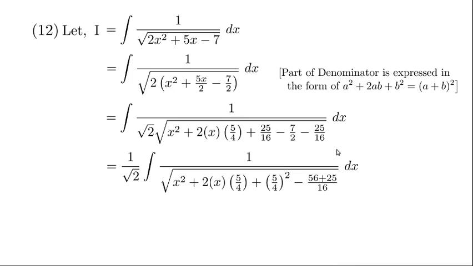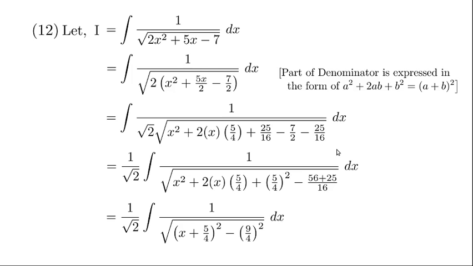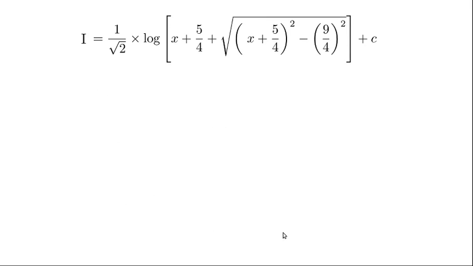And that finally gives you 1 upon root 2 integration of 1 upon, this part is (x plus 5 by 4) the whole square minus 81 upon 4, which is nothing but (9 by 4) the whole square, in the form of 1 upon root of x square minus a square dx. So that's equal to 1 by root 2 as it is log of x plus 5 by 4 plus root of (x plus 5 by 4) whole square minus 9 by 4.